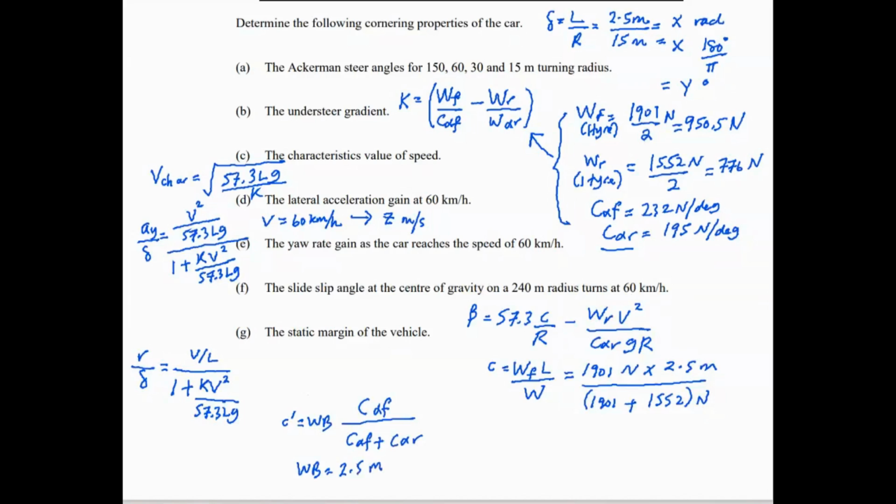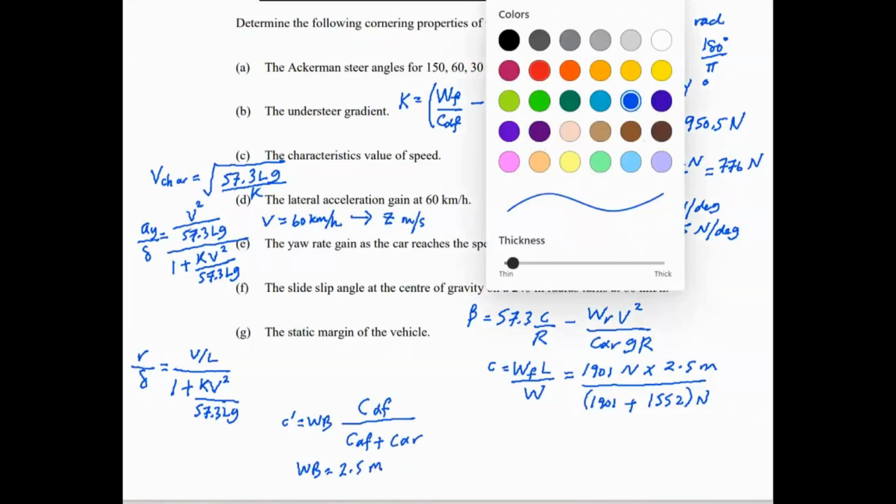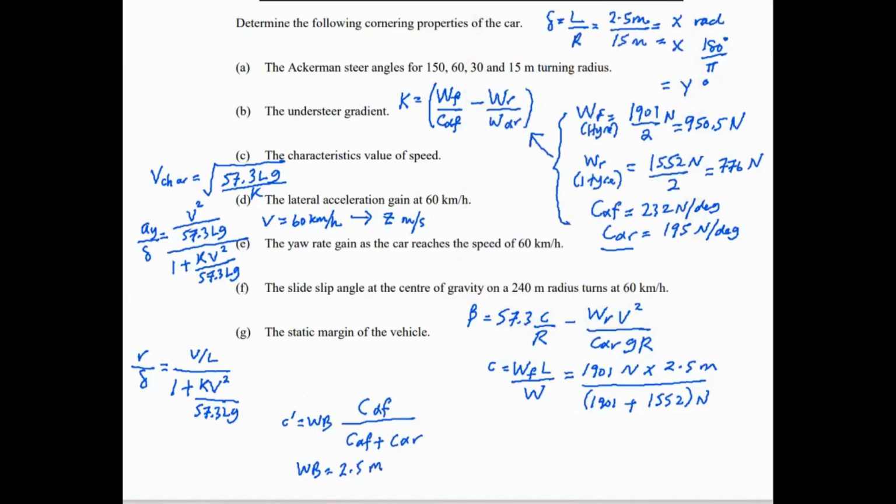C alpha F is 232 Newton per degree, you can choose this value. And C alpha R is 195 Newton per degree.